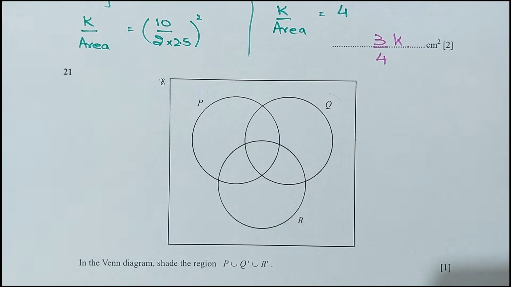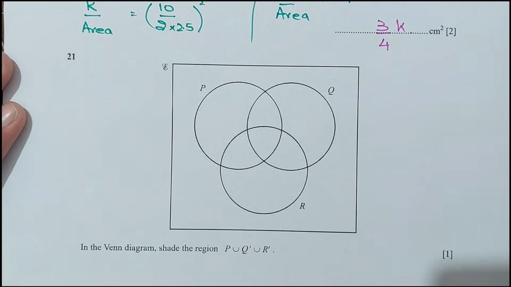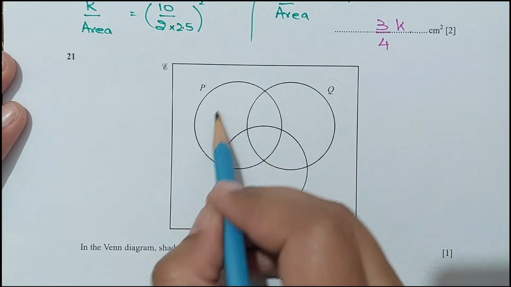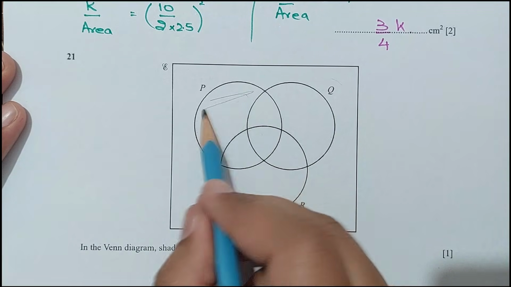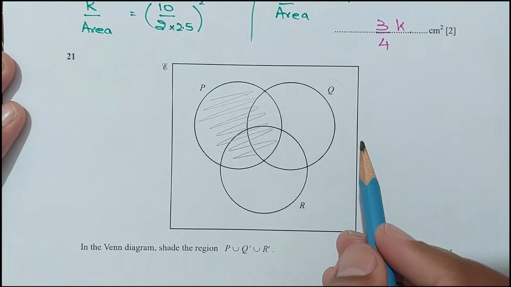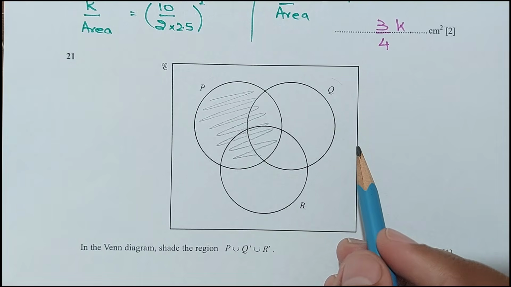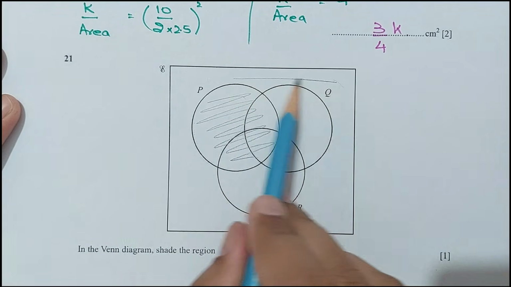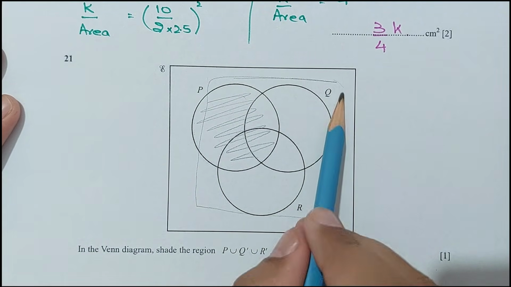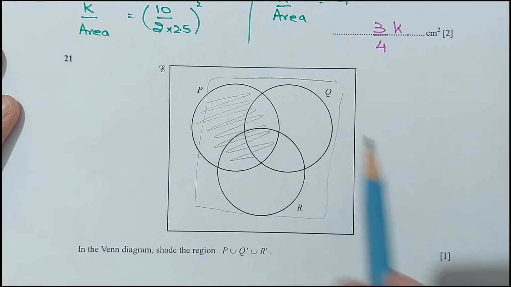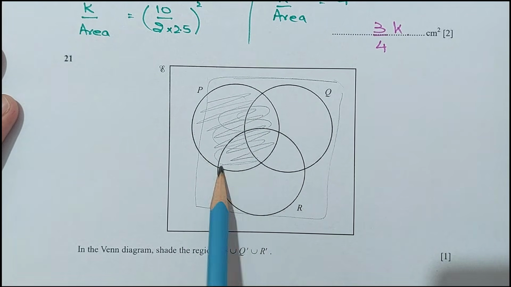Question number 21. In the Venn diagram, shade the region P union Q complement union R complement. Okay, so we have a set P, the whole set P. We have to take its union with Q complement, the region that is outside of Q, and R complement.